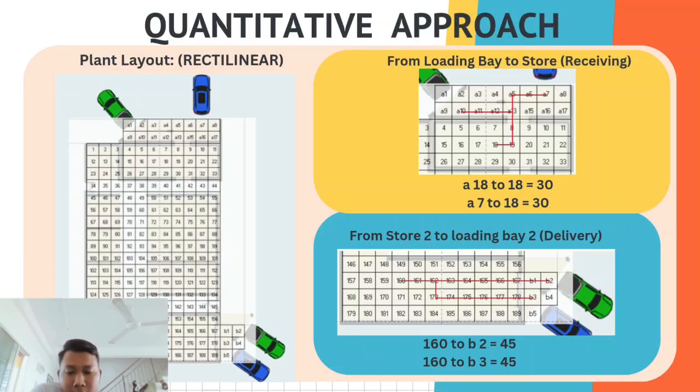And for the second factor, from the store that we can see here, from store to loading bay, which means delivery of the products at the factory, and the points 160 to B2 and 160 to B3 are 45 meters, where B2 stands for a point at the loading bay, and B3 also stands for a point at the loading bay too.